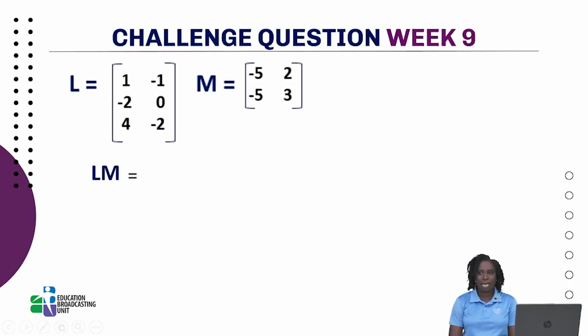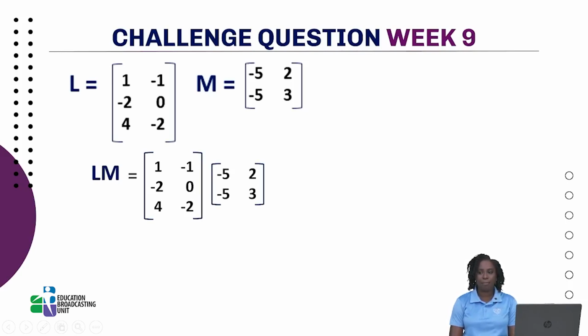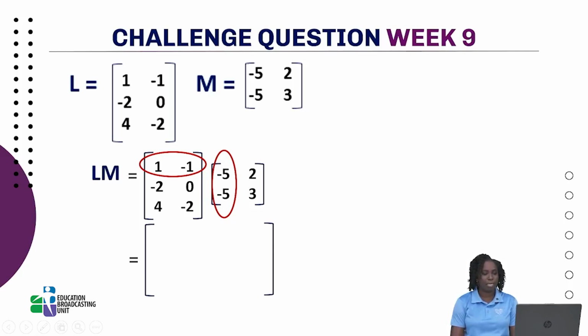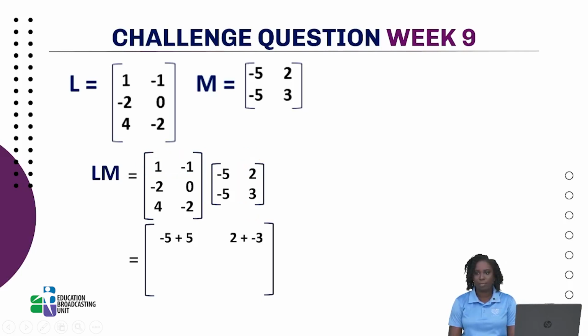So just a reminder, LM is just matrix multiplication, and so we are going to multiply matrix L by matrix M. And so we do our first row, first column, 1 times -5, which is -5, plus -1 times -5, which is +5. Second column, 1 times 2 is 2, plus -1 times 3, which is -3.